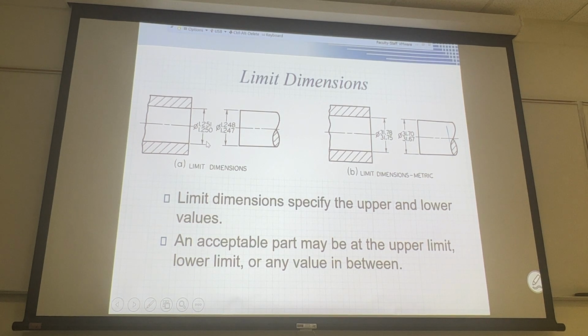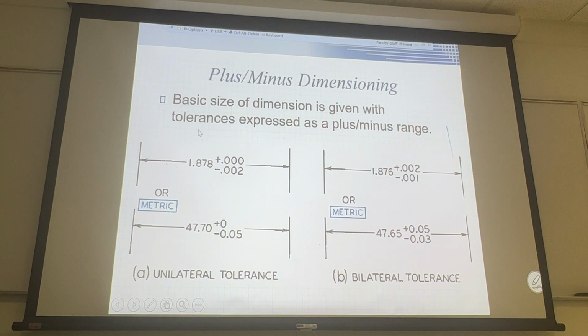For example, the shaft is a little smaller and the hole is a little larger. That guarantees each shaft can insert into the bearing. The other method is plus-minus dimensions.